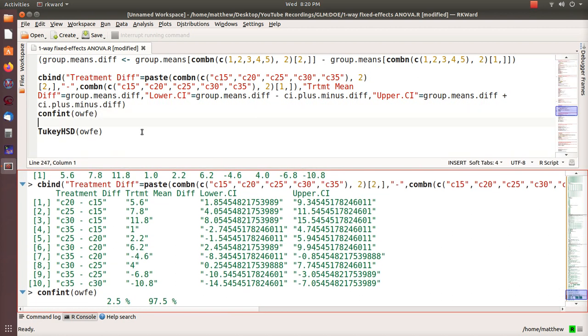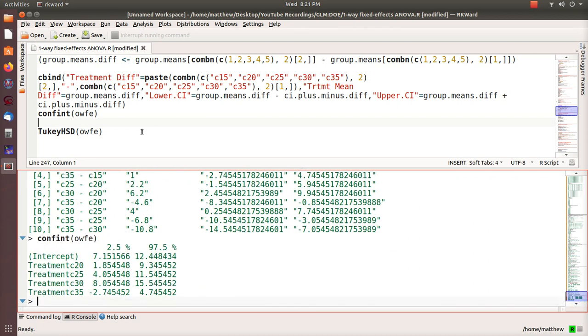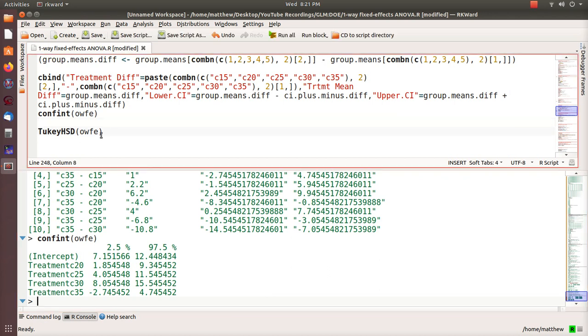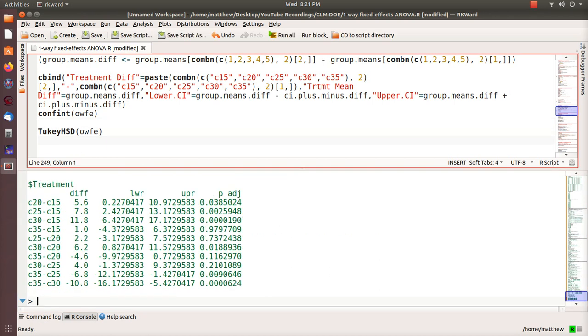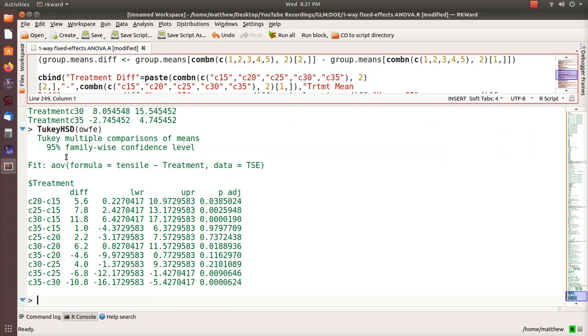Now, R does provide a pairwise comparison for all these. Now, this is unadjusted, so we're going to inflate the type 1 error by looking at all these. And R provides this function, Tukey honest significant difference, where it calculates all these pairwise differences and then adjusts them to maintain the family-wise error rate of 95%.